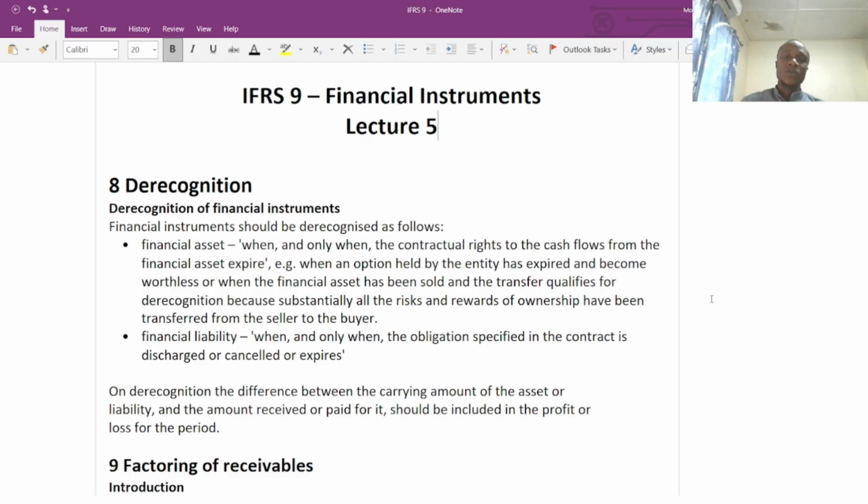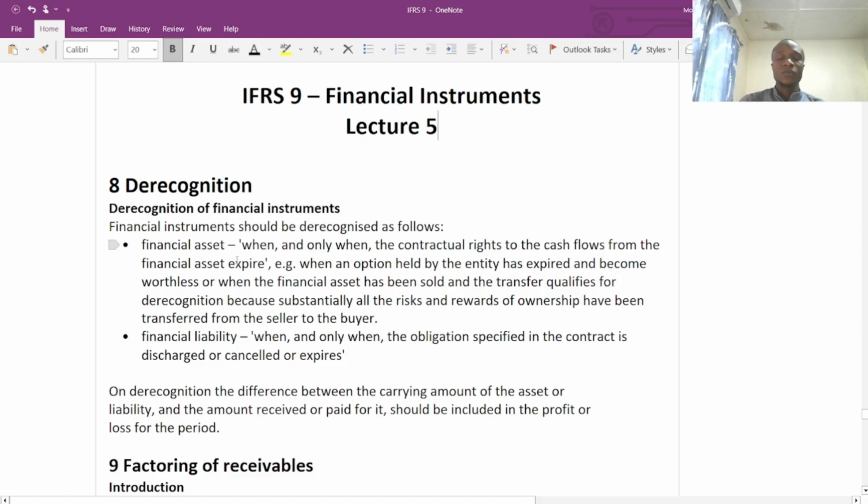So basically, when we are talking about derecognition, it means removal of financial assets or financial liability in the financial statement. So financial instruments should be derecognized as follows. Financial assets, first condition: when and only when the contractual right to receive cash flow from the financial asset expired.